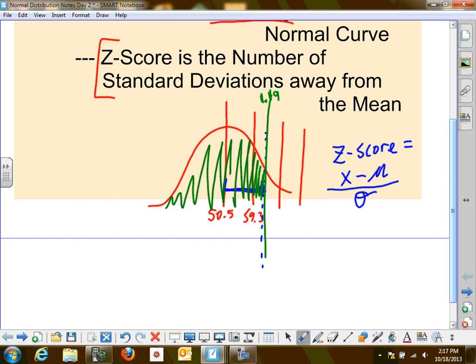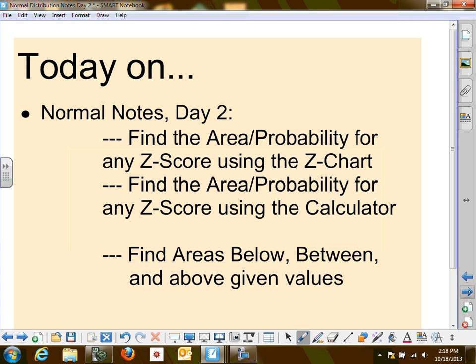Well, we haven't discussed yet how to find the area below a z-score that's not on a whole number. Okay, that's what we're doing today. So, today we're going to find the area, which is the same thing as percent and probability, all that's the same, for any z-score, not just those whole number ones like yesterday.